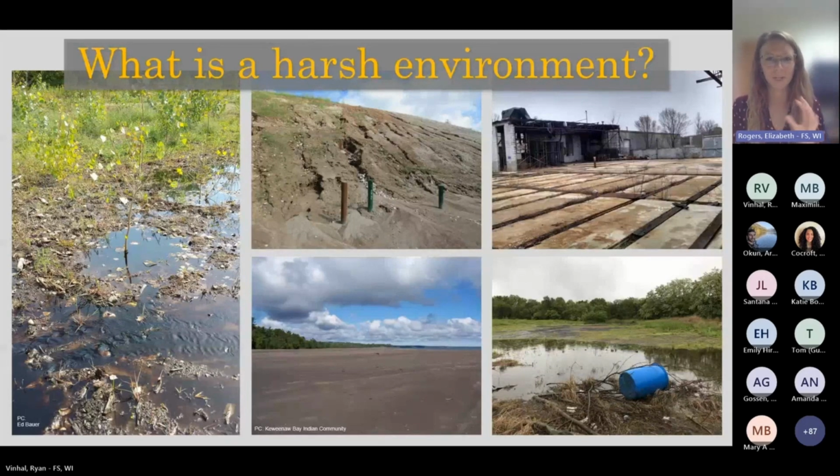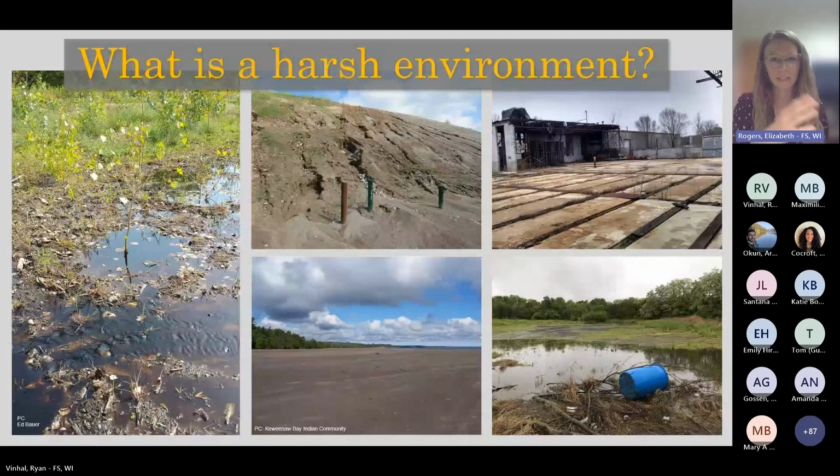So today we're talking about the opposite of optimal, harsh conditions. And all of the images of sites that we have up on this slide represent harsh conditions. They have characteristics such as too much water for plant growth, inadequate soil physical and chemical properties that make plant establishment difficult.